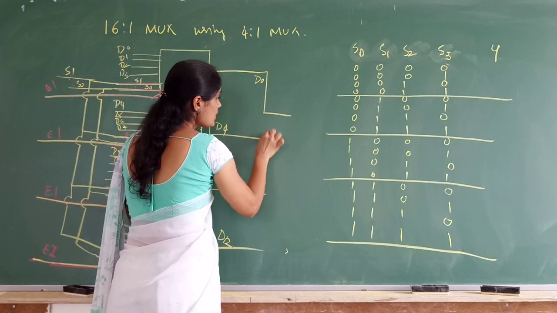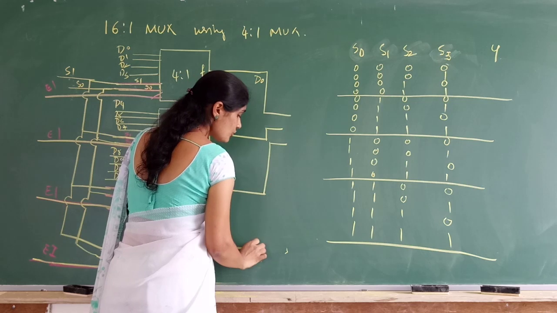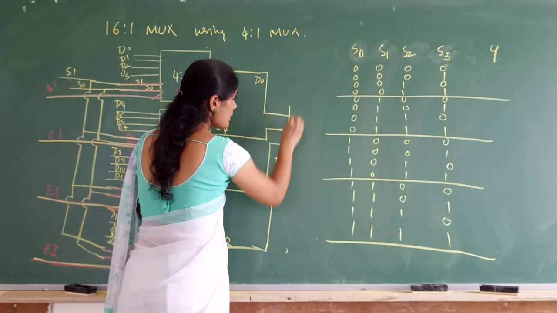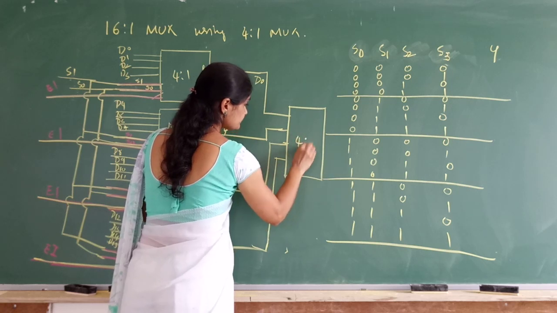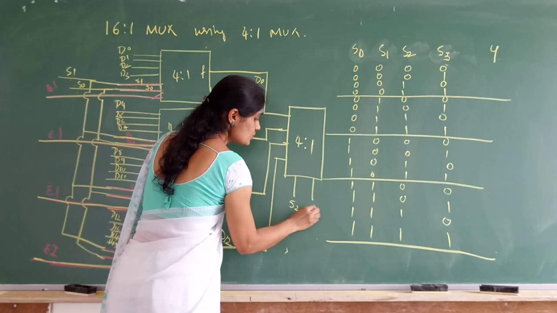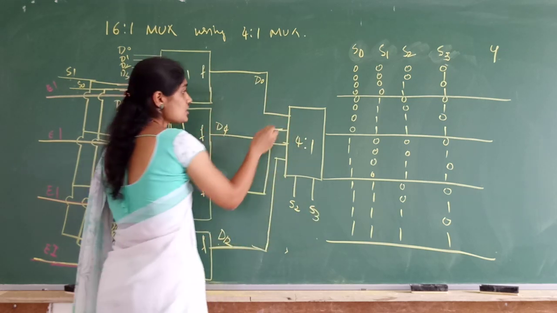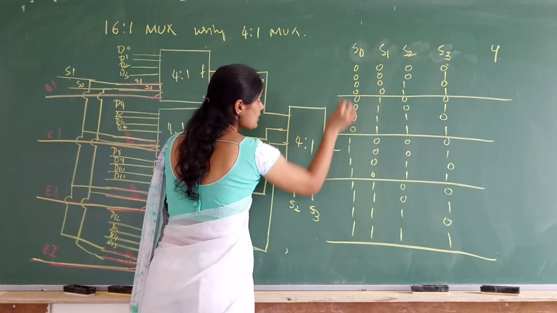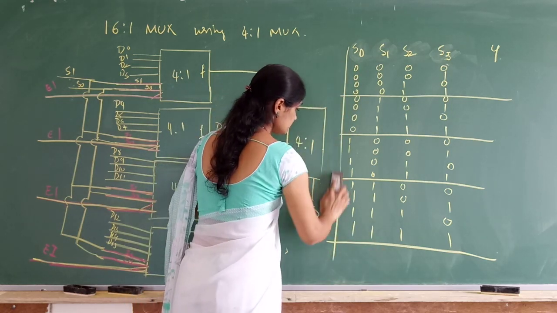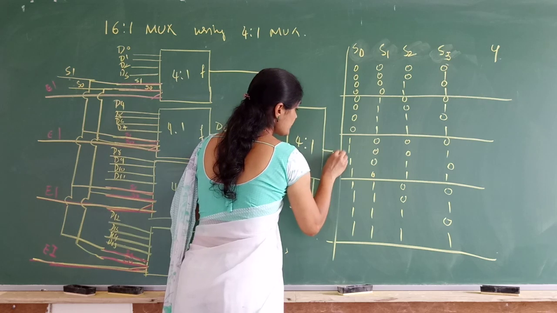Again, these 4 are given to one more 4:1 multiplexer, with 2 more select inputs, that is S2, S3. The final output we will have, that is Y.